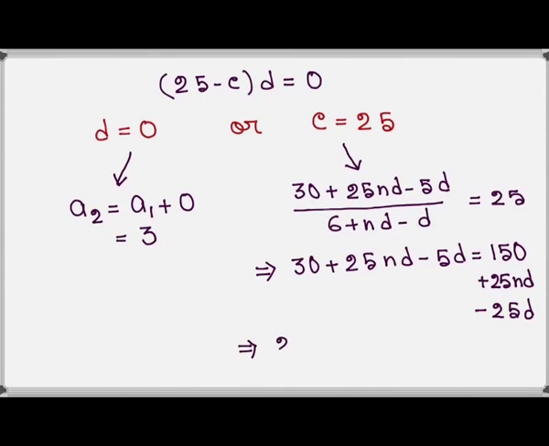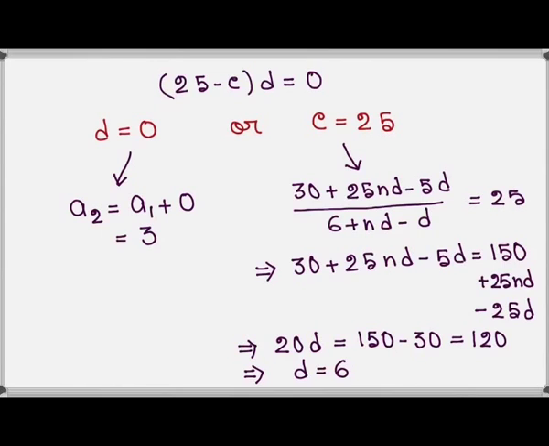Therefore, 20D is equal to 150 minus 30, which is equal to 120. So from here we obtain D is equal to 6.